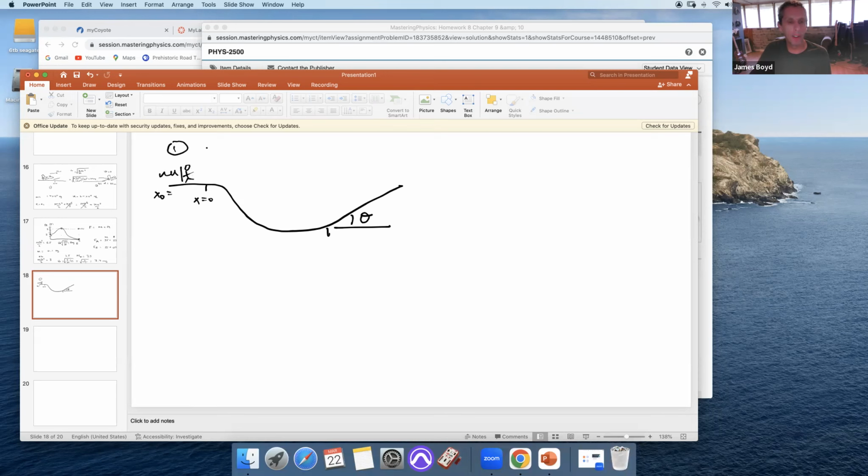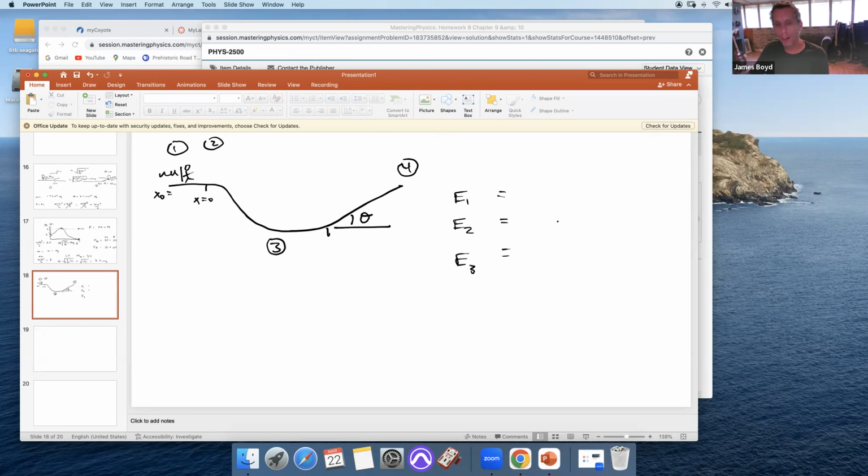So this will be our energy 1. Once it clears the spring, it'll be energy 2. And when it gets to the bottom, that'll be energy 3. And then when it gets to the top of the ramp where you come to rest, I believe, will be our energy 4. Now let's first of all deal with energy 1, 2, and 3.